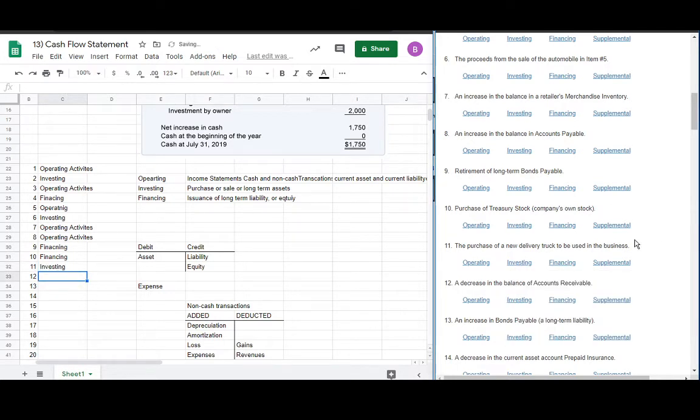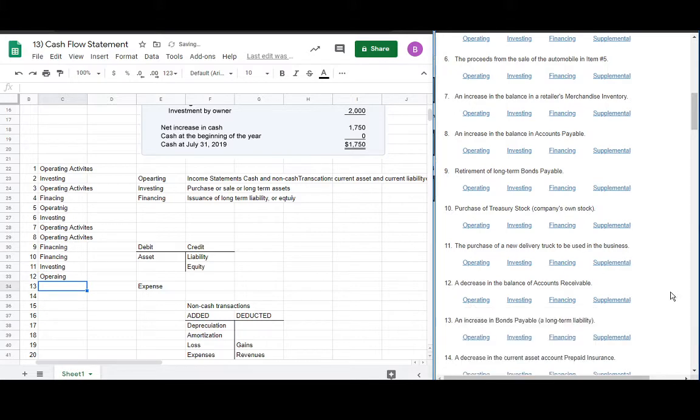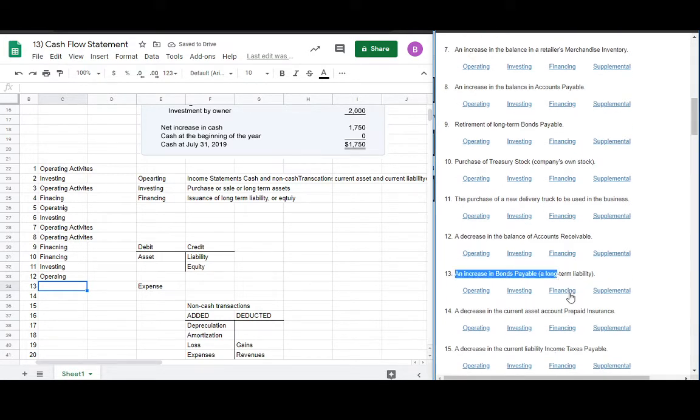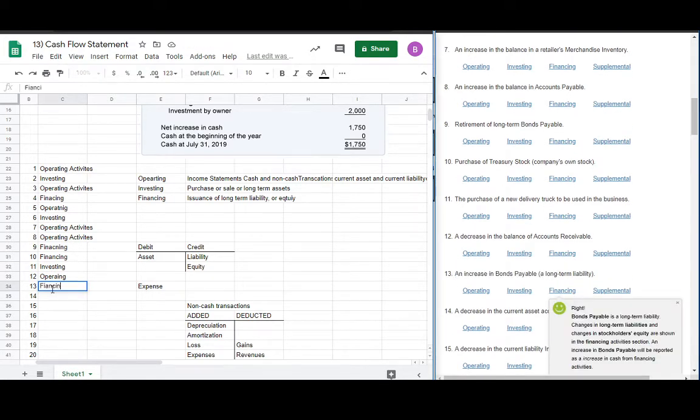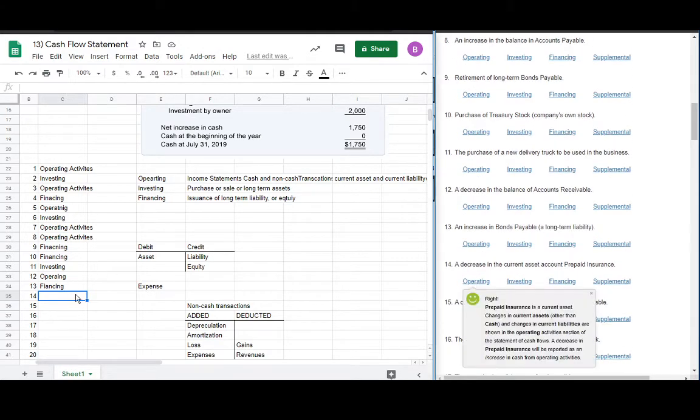Number 12, the decrease in accounts receivable. It is a current account. It is operating. Number 13, an increase in bonds payable. It is financing since it is a long-term liability. Number 14, a decrease in prepaid insurance. It is operating. It is a current asset.